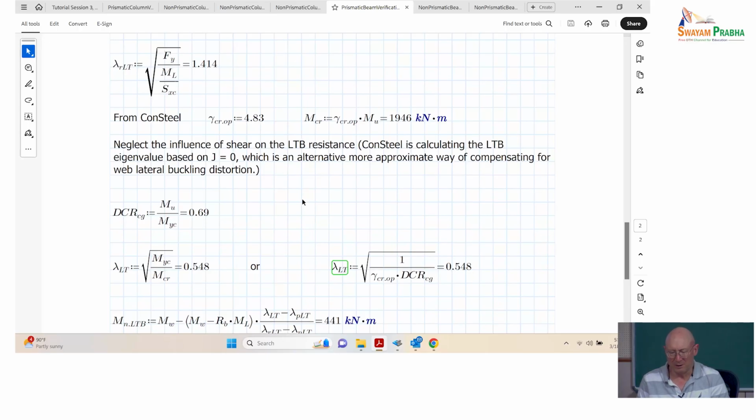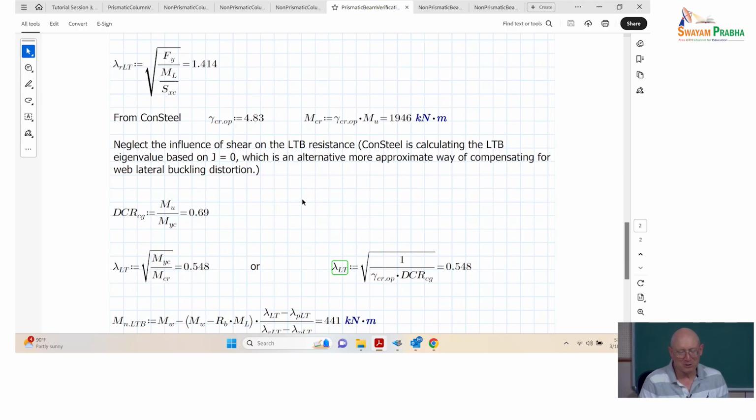And so my colleagues at UT Austin have done a lot of good analytical work to come up with a factor to address that. It's called CMV. And so particularly if we're looking at a non-prismatic beam, it's, oh my goodness, Belinda already doesn't want to calculate CV, and now we need to calculate a CMV on top of that. And so, compared to just taking J equals 0 and calling it a day, it's a little more work.